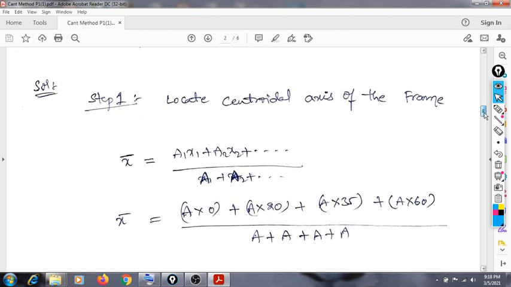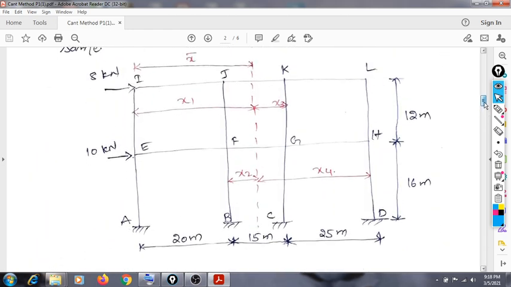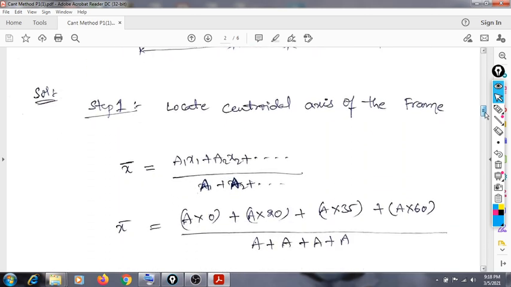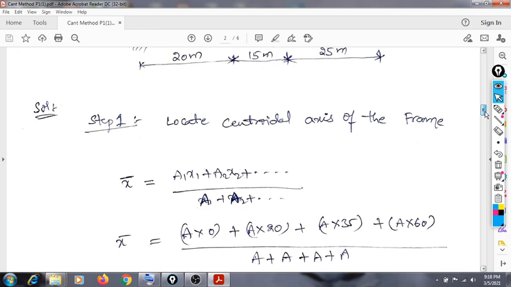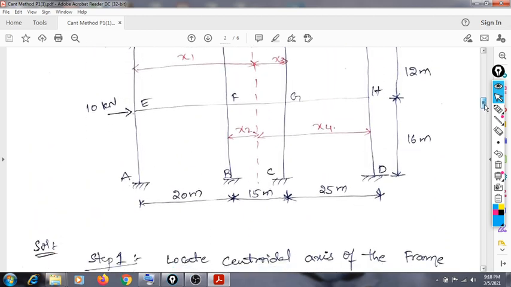x bar is equal to a1 x1 plus a2 x2 and so on, divided by the sum of the areas. Here x1 is the distance from the extreme left column to the corresponding column. a1 is the first column's area, that is A, because the cross sections are the same.